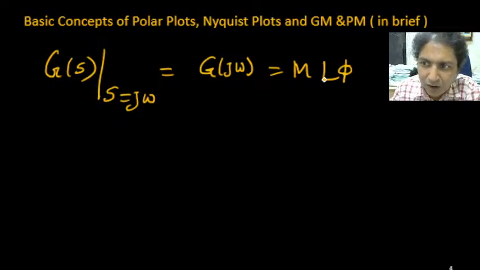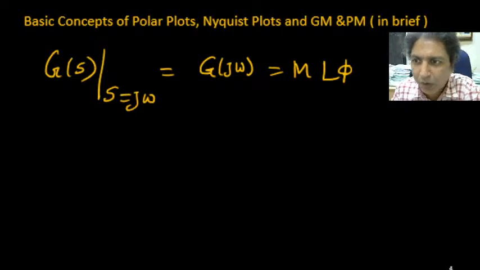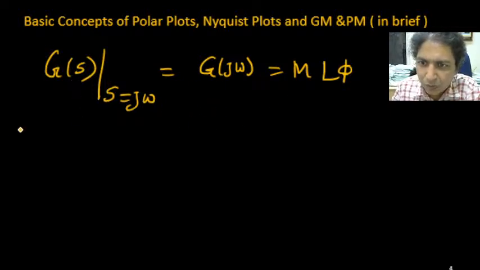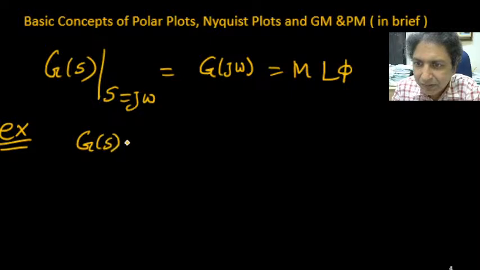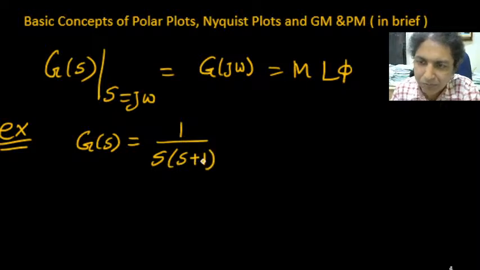So if we plot this with respect to frequency, then we will call it polar plot. So this gain function G(s), how it is varying with respect to frequency. With one example, briefly I am discussing, okay? So G(s) equals 1 upon s into (s plus 1). So what is the polar plot?